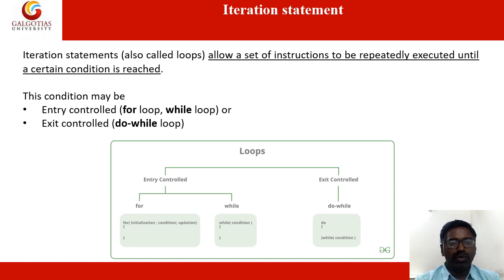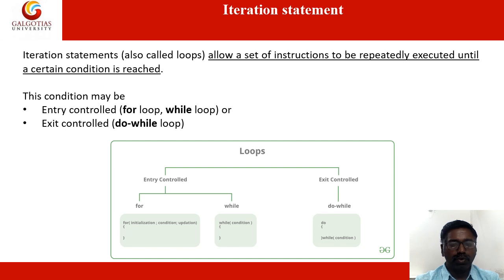What is the difference between these two, which is given graphically here? In entry controlled, for and while are there; in exit controlled, do while is there. In entry control, before repeating the code, the given condition is verified first, and then if the condition is satisfied, only then will the block of code be repeated. This is so in for and also in while. In do while, the block of code is executed first, and then the condition is checked at the end of the block.